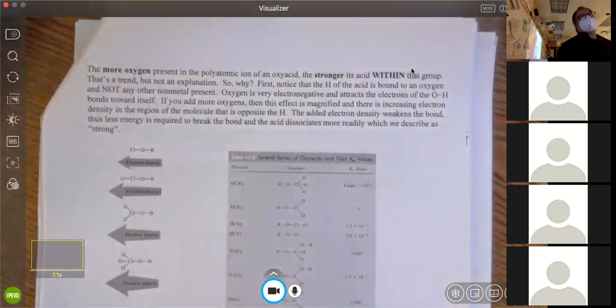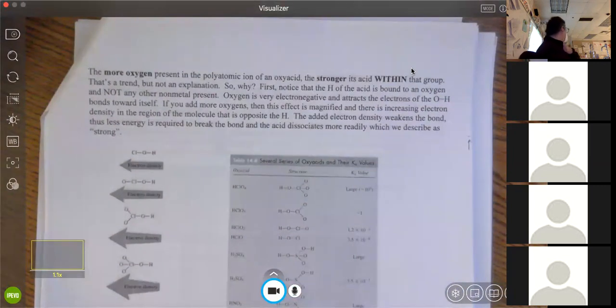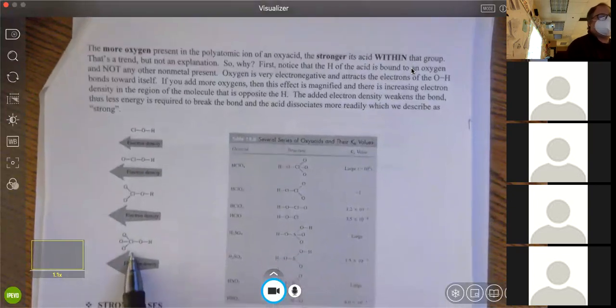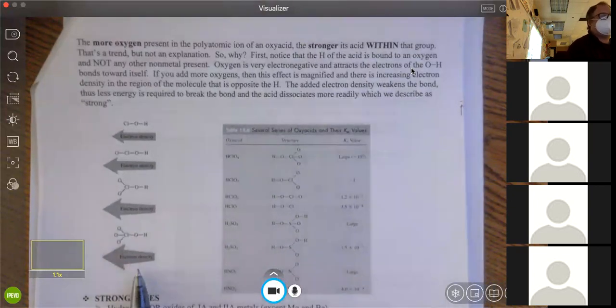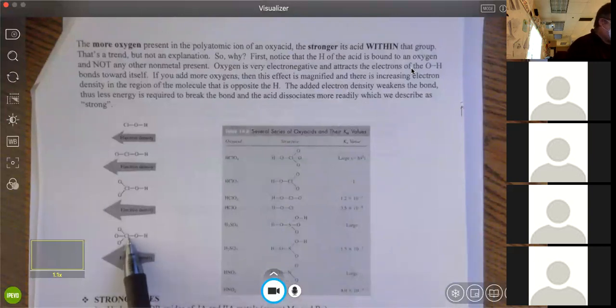Now, whenever we're talking about this within a polyatomic ion, notice that perchlorate has a lot more oxygens on it. What that's going to do is pull the high electron density areas toward this way.